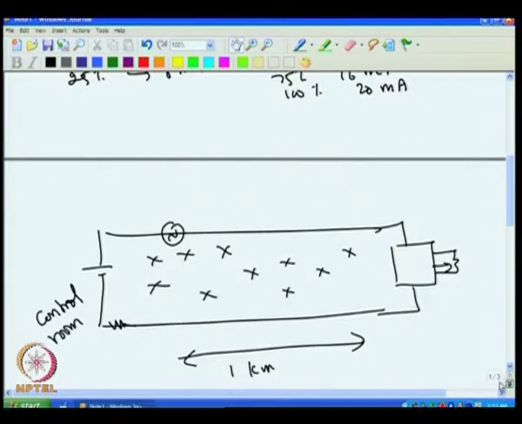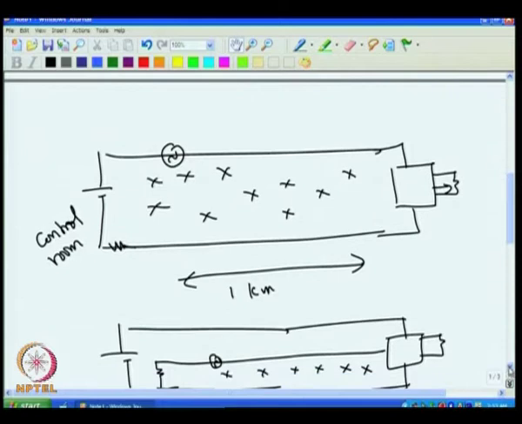So, we will design a system such that this takes only less current, and the voltage changes across this will not have any effect on the current that is flowing. Considering that, let us see how to design the system.